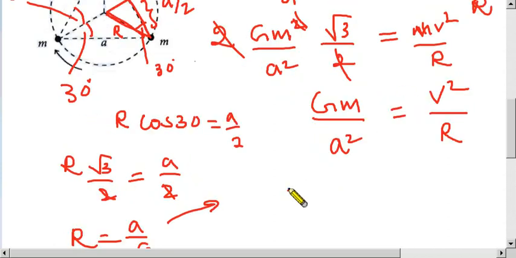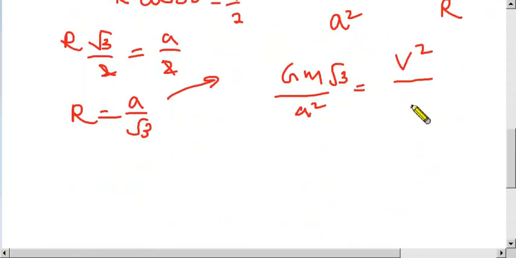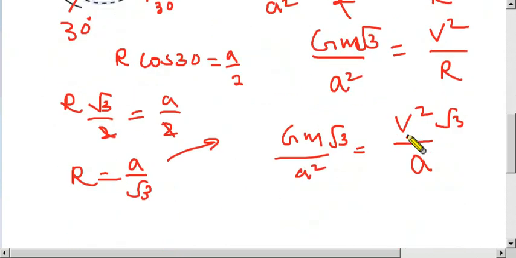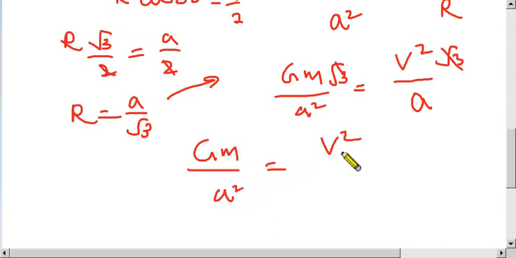So how do we remove this capital R? Therefore, Gm by A squared equals V squared, here root 3 is there, this root 3 by, instead of R, A by root 3 here. So root 3 cancels, then Gm divided by A squared equals V squared divided by A. So 1 A cancels.